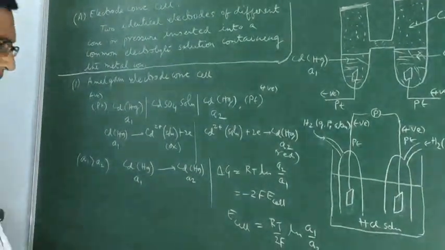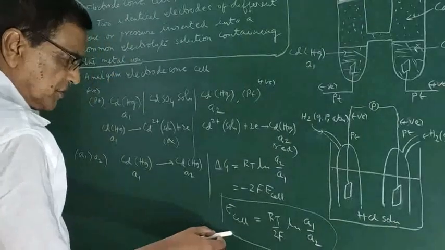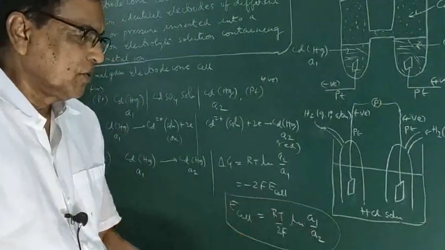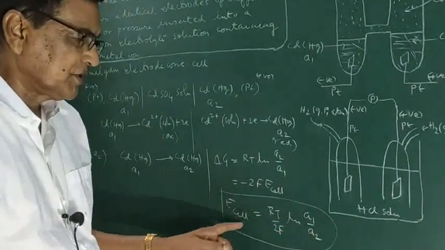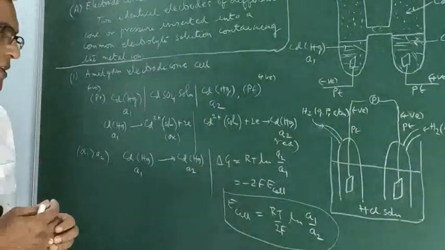So this cell will produce electrical energy so long as A1 is greater than A2. When A1 is equal to A2, the cell potential becomes 0 and this cell will stop producing electricity.